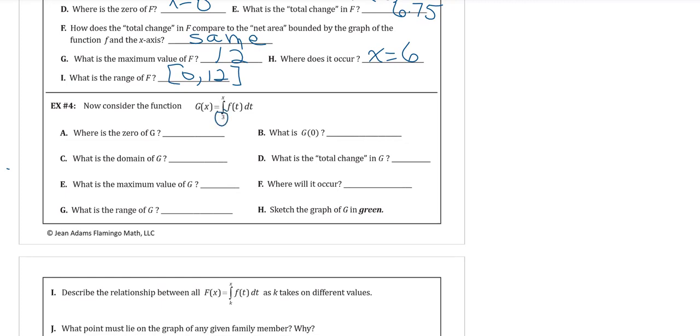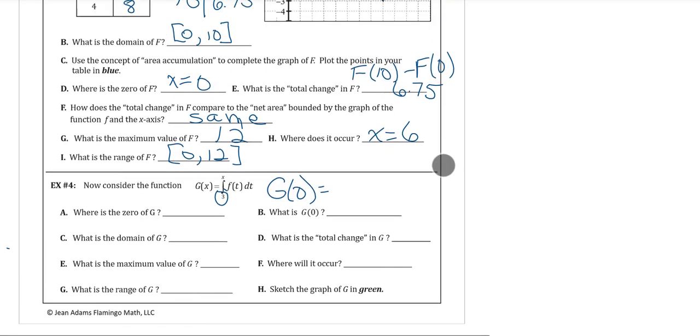So where is the 0? The 0 is now going to be at 3. And how we can recognize that is the idea that that's where we're starting from. That's our starting value. And we can think of g of 0 in this way. So g of 0, and let me pull the graph up here for a second.